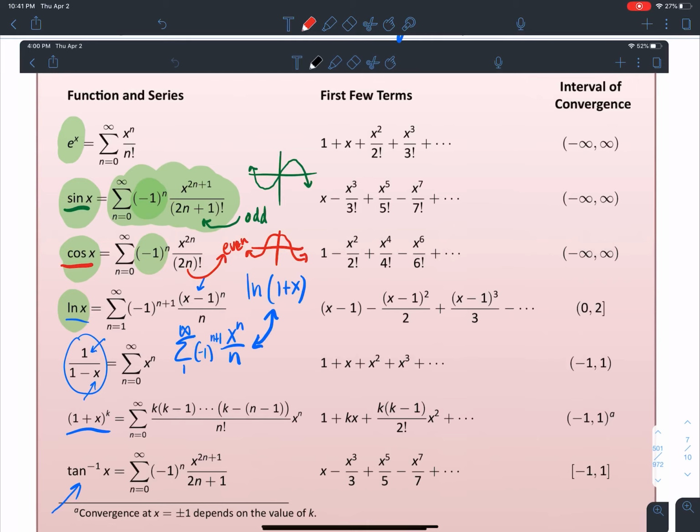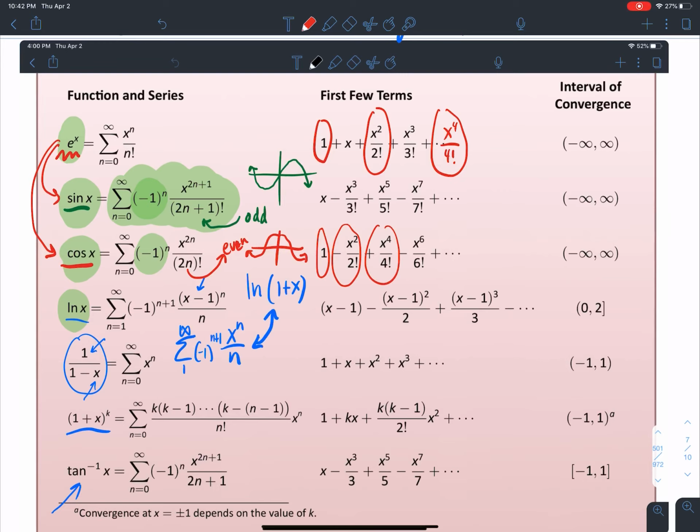Now, one thing that's very interesting: there is a way that e to the x is related to both the sine and the cosine. If you're interested, you can Google how e to the x is related to sine x and cosine x. Looking at e to the x, all the even terms, like x to the fourth over 4 factorial, look like all of these terms in the cosine.